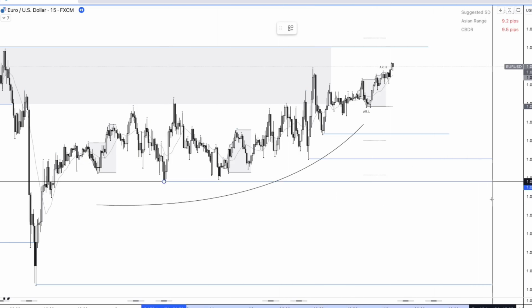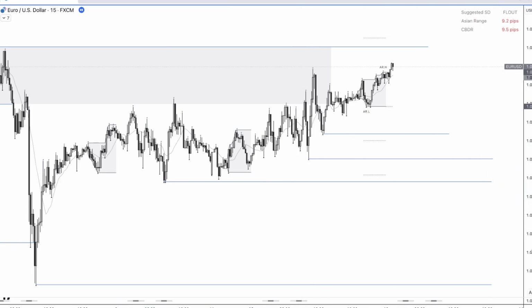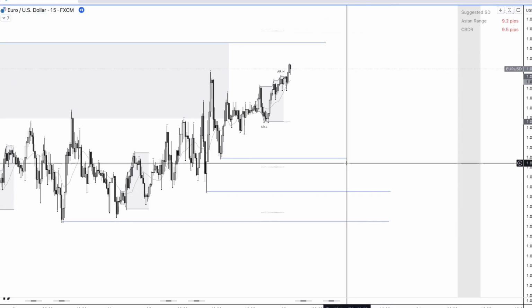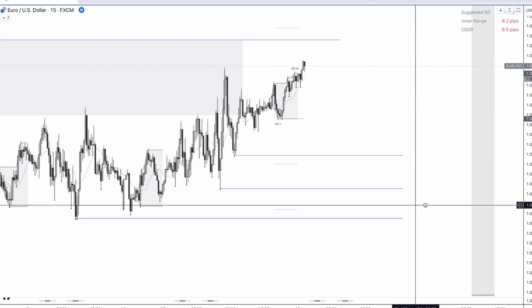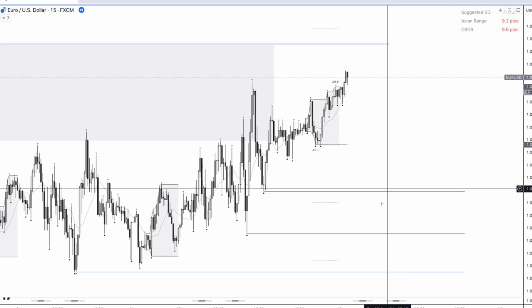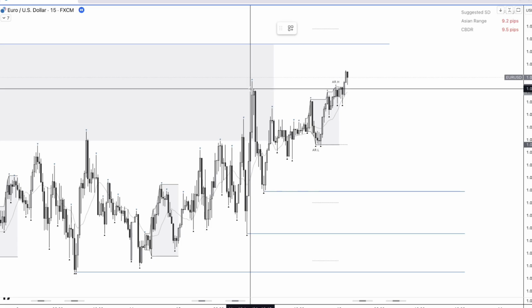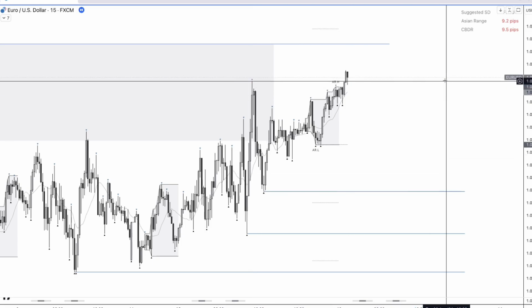And those ultimately are your target areas, right? So this is the trade that I took on Tuesday, I think it was. So pretty much I was looking for some sort of sweep. We got a sweep here again. I think that was Monday's high in any case, which is great. That's perfect.